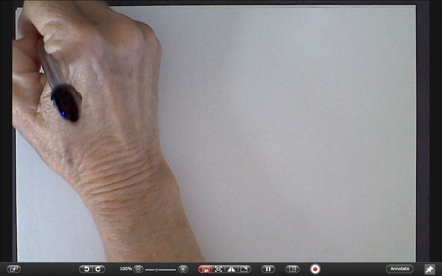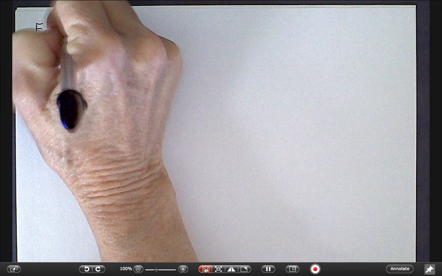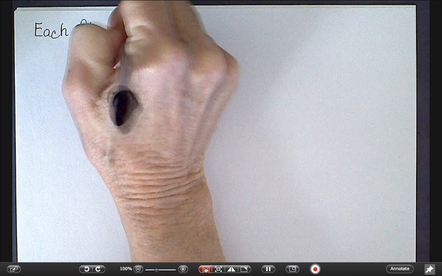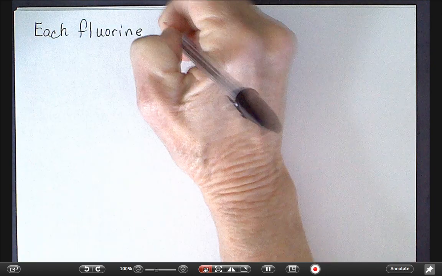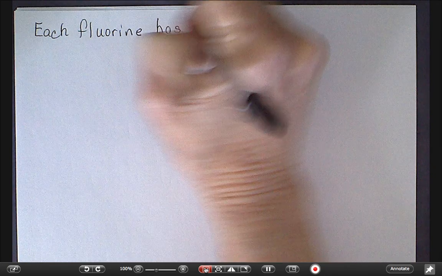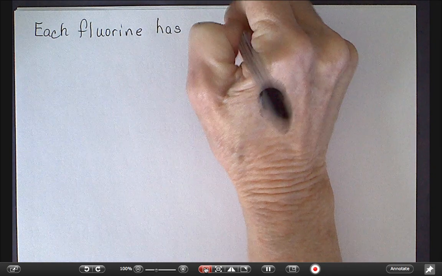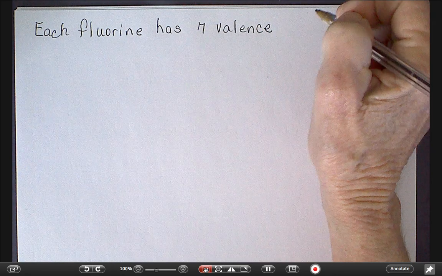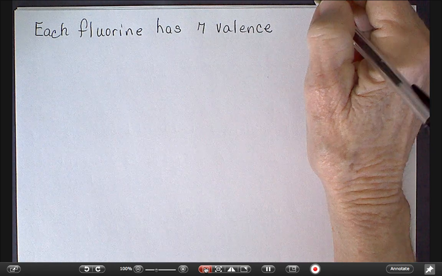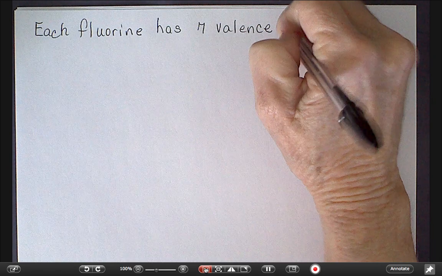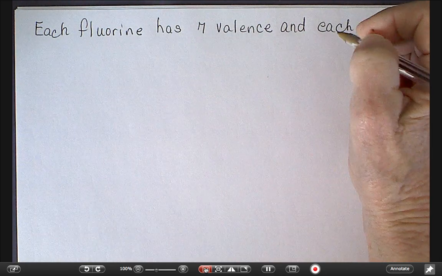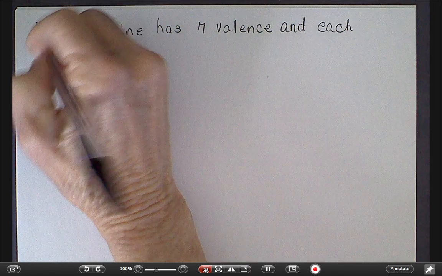Okay, each fluorine has 7 valence electrons. Why is that? Where does fluorine live? Yes. Each fluorine has 7 valence electrons, and each needs 1 more to form an octet.